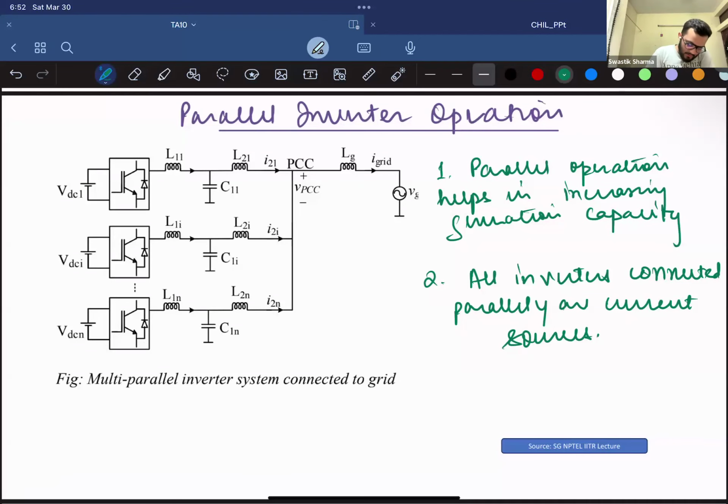So what we have is an inverter, and then you connect it with an LCL filter. This LCL filter gives passage only to the lower frequencies, so that higher frequencies are stopped before entering the point of common coupling. So you have an LCL filter connected across all of these parallel inverters, right?